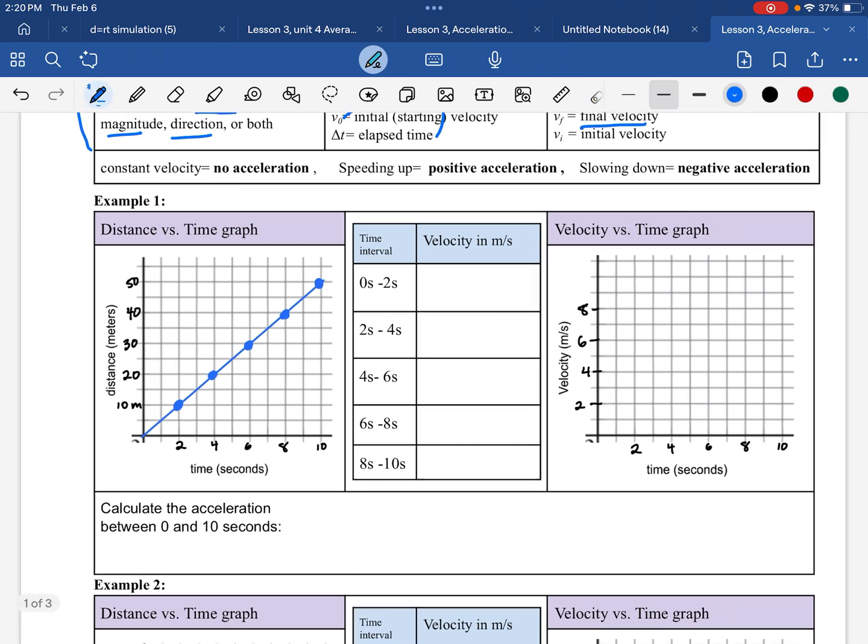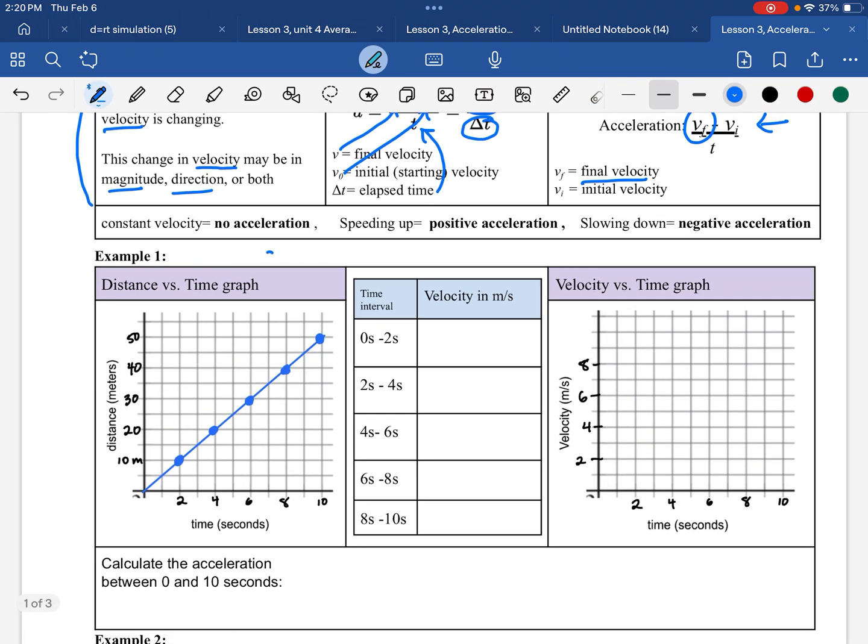So let's fill in this chart. Now we're going to use our distance equals rate times time formula that we used in the last notes. We're using the term velocity this time, so let's write our formula as distance equals velocity times time, because velocity and rate refer to the same thing.